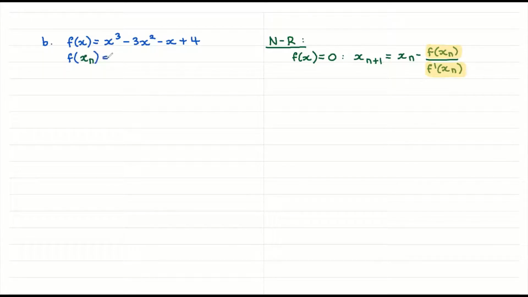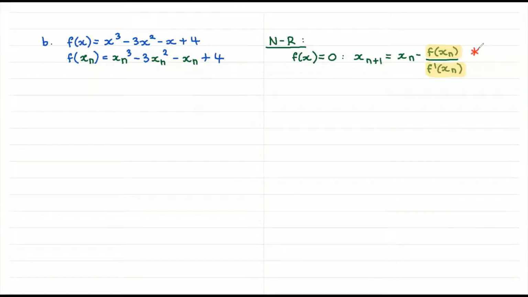It would be xn cubed, subtract 3xn squared, subtract xn, and then add 4. That would go in the numerator that I just highlighted a moment ago. So the numerator over here.